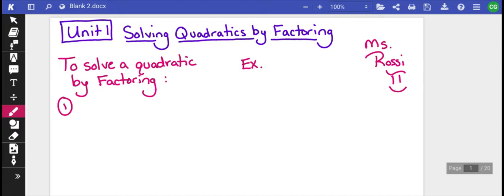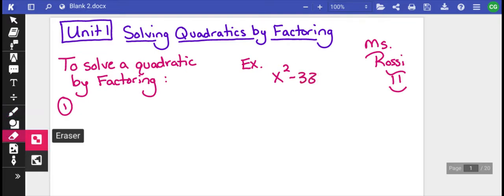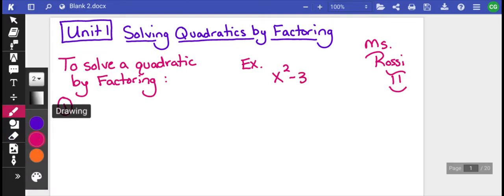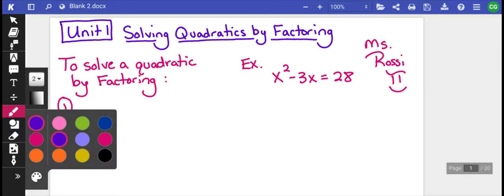I'm going to start with something that looks like x squared minus 3x equals 28. Now, the first thing you want to notice is that this is an equation. This is different than a lot of the other expressions that we've done.